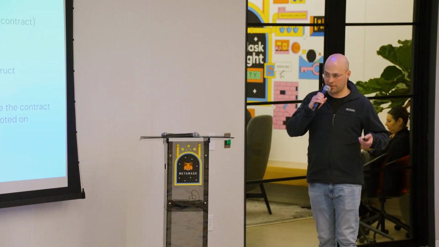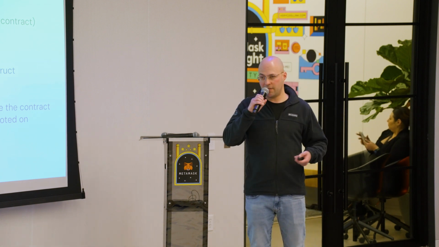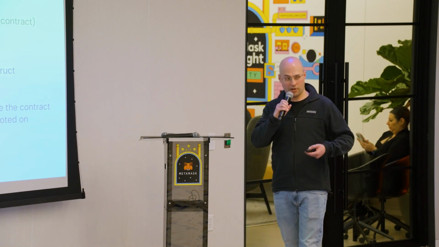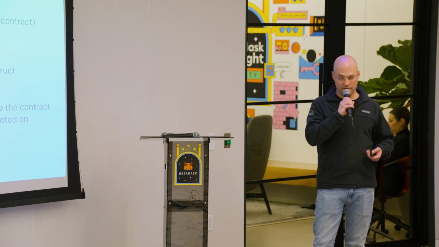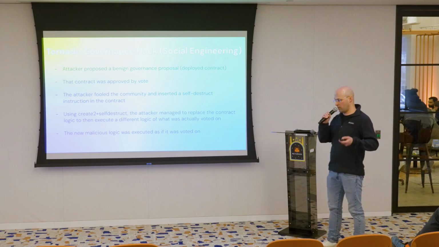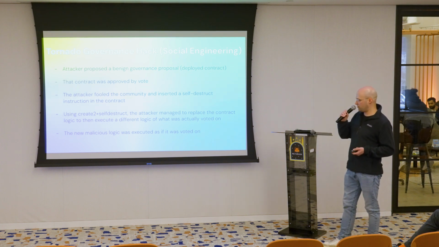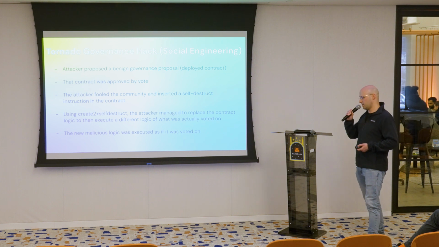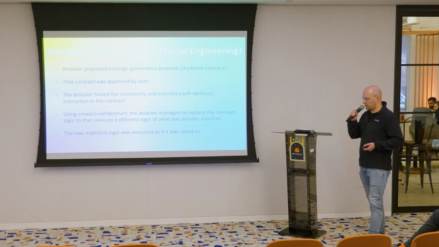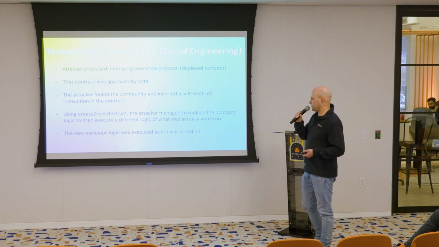Essentially, through another bug in the create2 function, they managed to replace the contract after the governance proposal vote. So everyone thought that they were voting for something, but after the vote was carried, a new implementation was injected, which stole some funds.